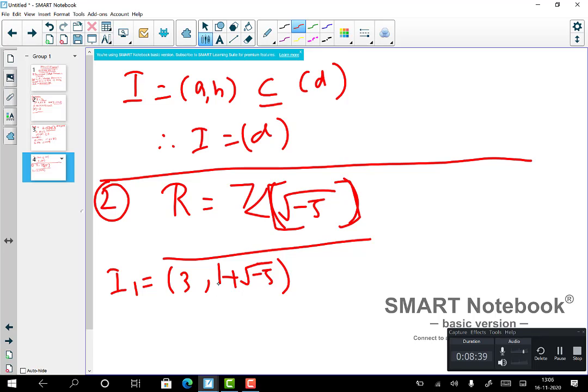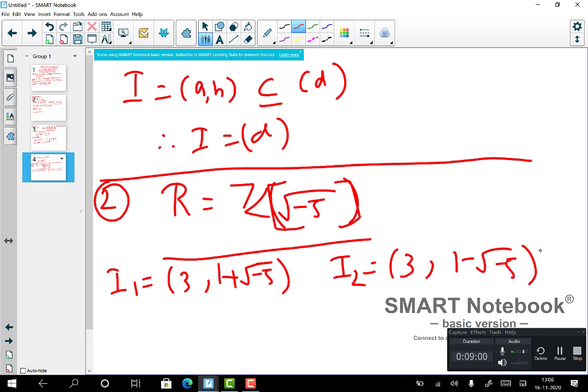Similarly, you see another ideal, 3 comma 1 minus root 5, and this is also not a principal ideal, so this is not a principal ideal domain.